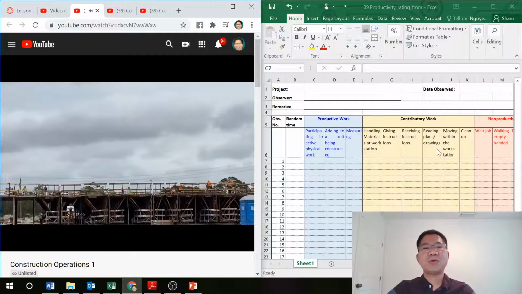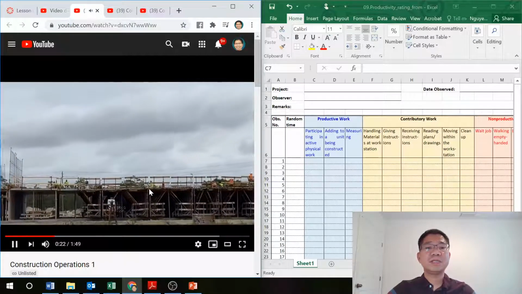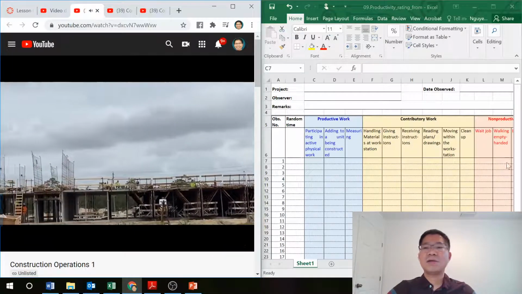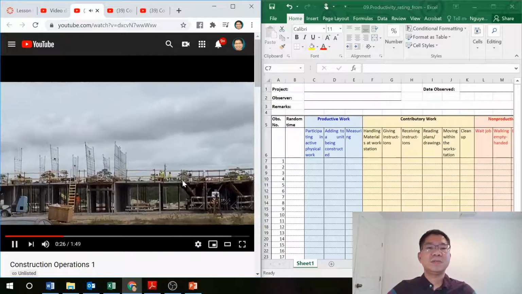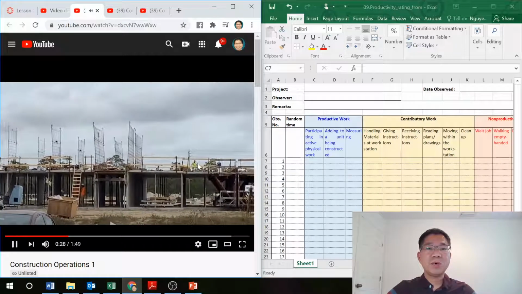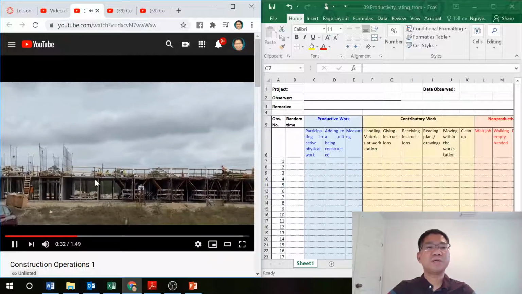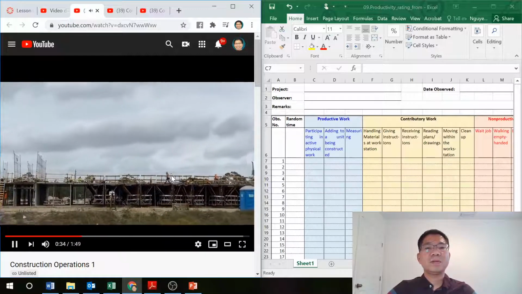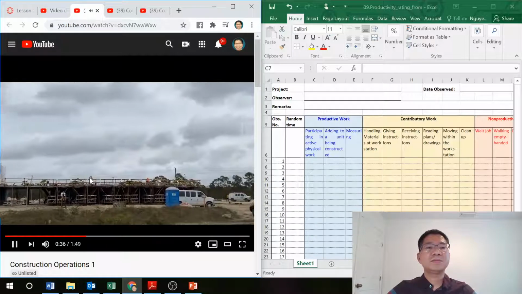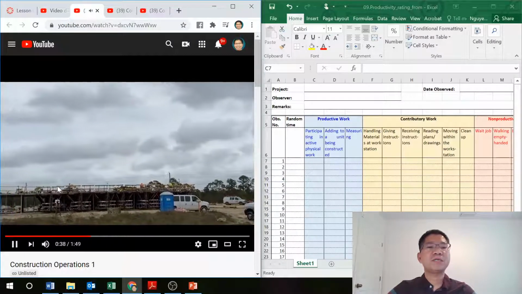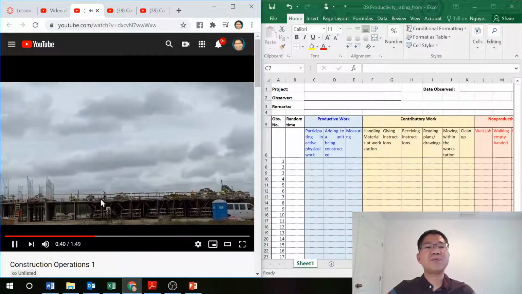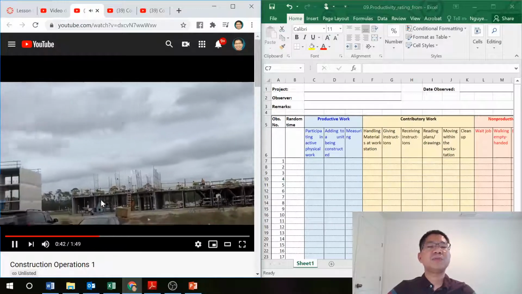Working empty-handed, non-productive. This team working on the floor, yes, productive. Moving outside the workstation, non-productive.